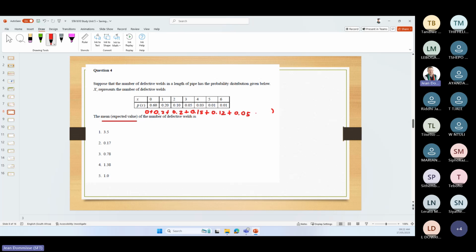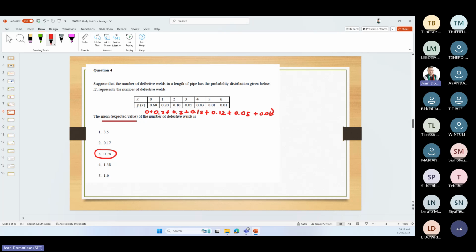And 6 times that is 0.06. Okay, so again, going to add those up. So 0.06 plus 0.05 plus 0.1. Okay, so if we add up all of those, we get option 3, that is 0.78.